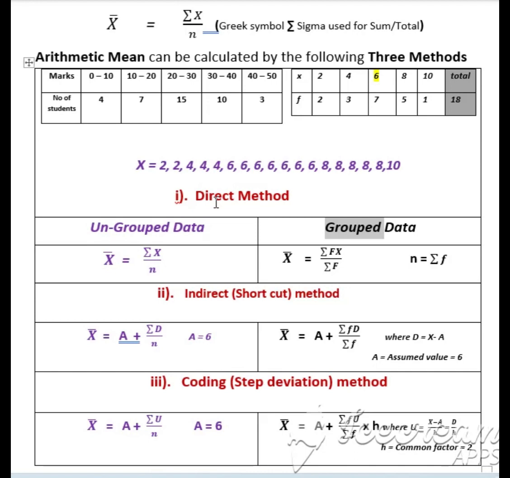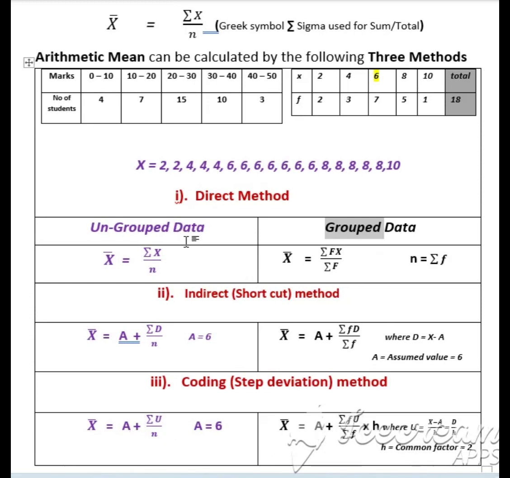So the direct method has two formulas, one for ungrouped data and the second for group data. Similarly, for the indirect method, one formula is for ungrouped data and the other for group data. And for the coding method, one formula is for ungrouped data and the second for group data.